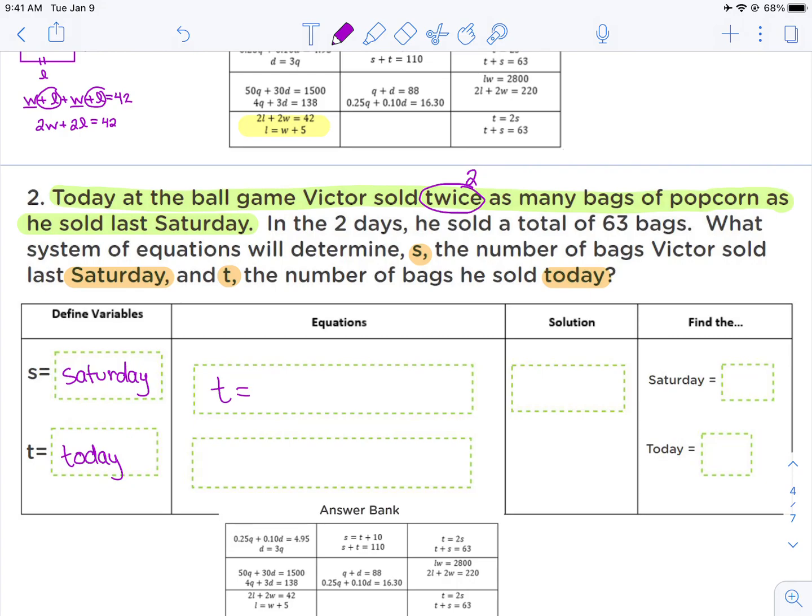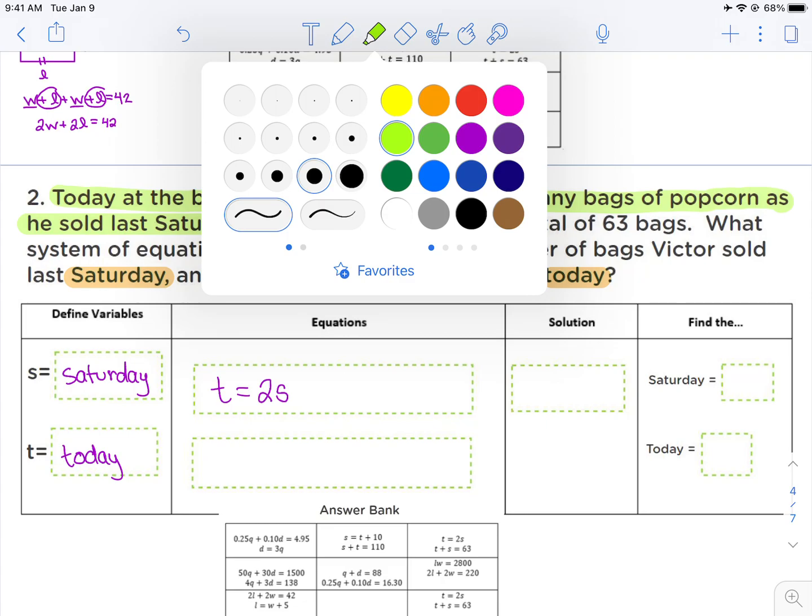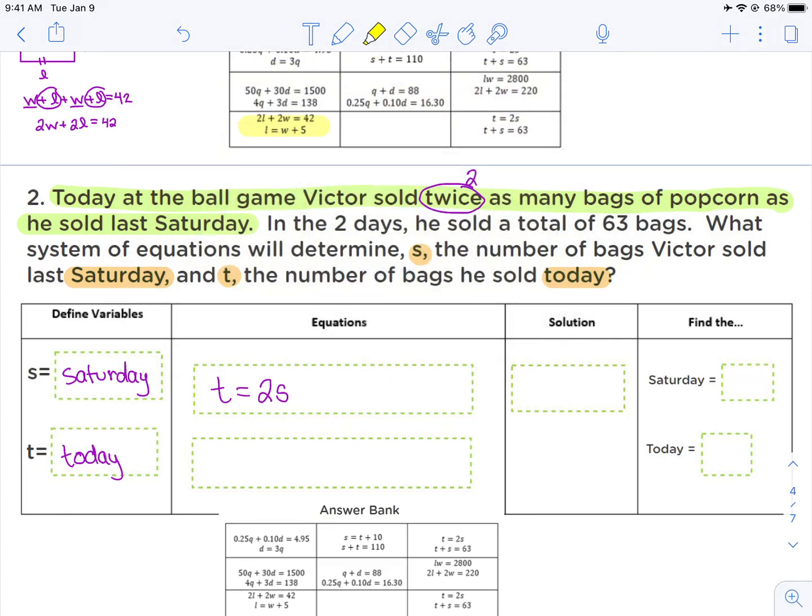So he sold twice as many bags than he did on Saturday, so that's going to be 2 times S, which is Saturday. So today equals 2 Saturdays. So however much he sold on Saturday, we multiply by 2, and that's what he got today. Awesome. Okay, next equation.